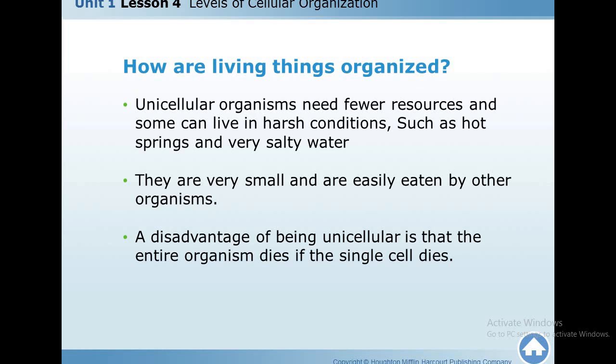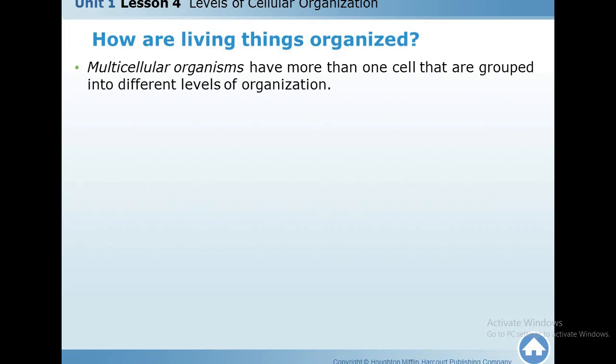They are made up of only one cell. Also, the unicellular, they are made up of very small cells. They are too small. They can be easily eaten by other organelles. The disadvantage of being unicellular that the entire organism die if the single cell die, because it's only composed of one single cell. So this is for the unicellular organism.